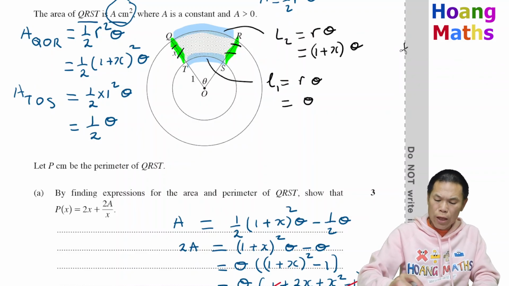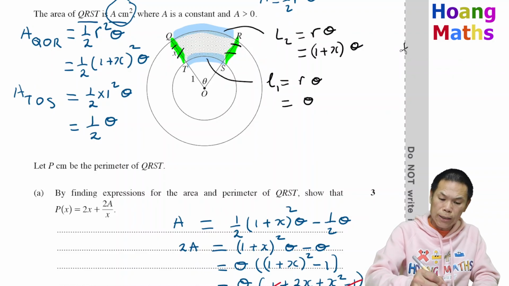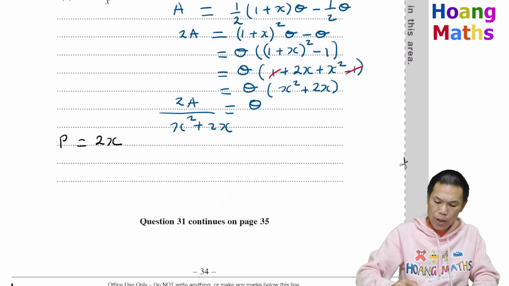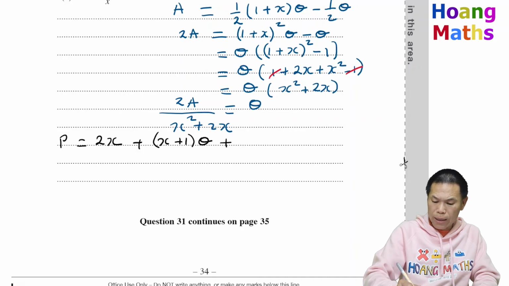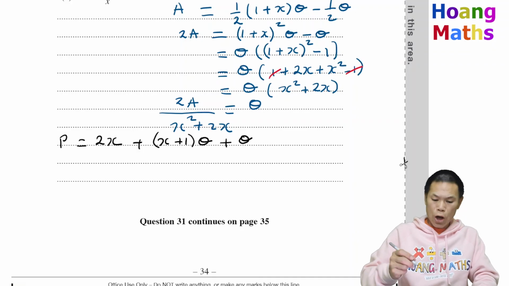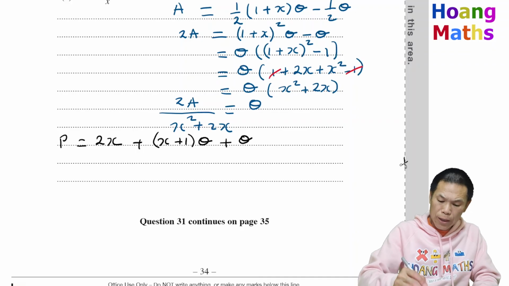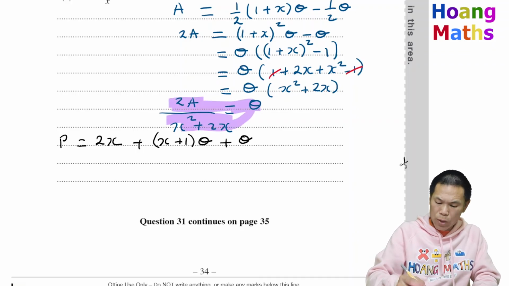So now we know that the perimeter is 2x plus this and plus this. So let me just write this down. We add theta plus (x plus 1) theta. But now we know that theta is this, so I just replace theta.